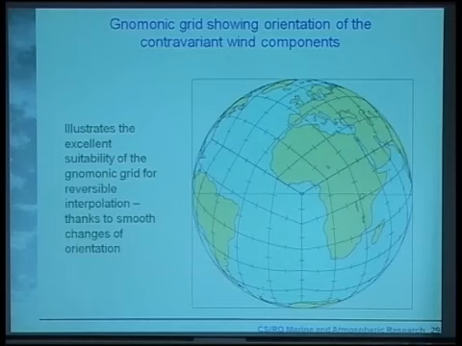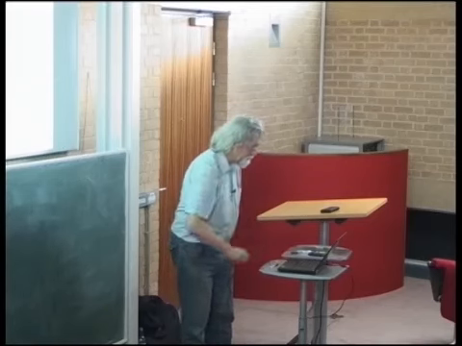That's not true for the covariant. Covariant components are the ones just joining those lines, and there is the direction change at the edge. But as far as fluxes in and out of the cells go, or divergence calculations go, it's these contravariant components we're after. And the reversible interpolation still works.